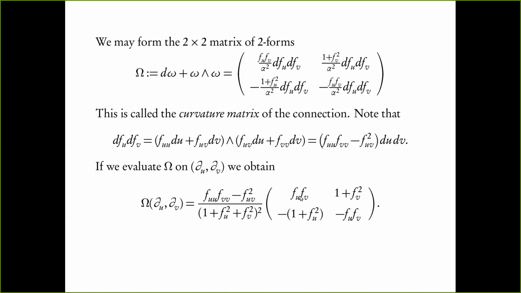So what do I get? I basically get the same factor which I've pulled out, and alpha square is this. And then what's left inside is fu fv, 1 plus fv square, minus 1 plus fu square, minus fu fv, correct? Okay, so this should look familiar. See, this already looks like the Gaussian curvature up to these entries. Okay?